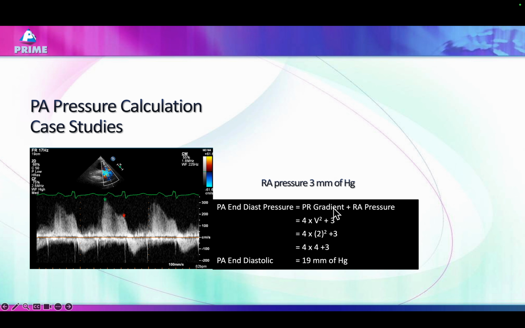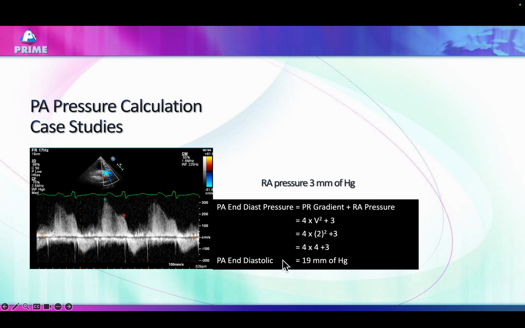PA end diastolic pressure: now you have the PR gradient, 4V squared. Let us say the end diastolic PR velocity here was about 2. You take a velocity of 2, square it, and add 3, as the RA pressure was 3, there was an IVC which was collapsing and not dilated. So PA end diastolic pressure is 19.